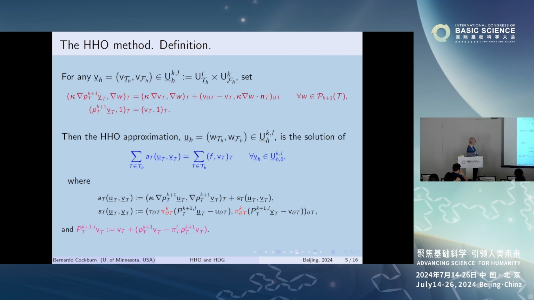So I'm going to take first V tau 0 and then 0 V tau. So I do that. So this blue equation becomes 2 equations there.